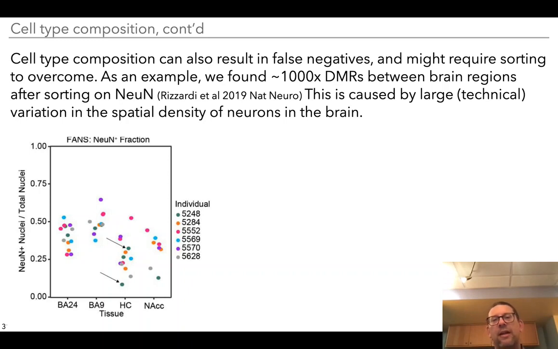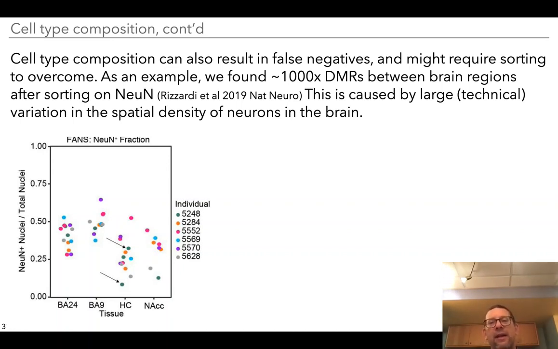Cell type composition can also result in false negatives. That's in some way intuitively obvious, but I was recently involved in a study that really drove this home. And I would say eliminating false negatives might actually require sorting to overcome. As an example, we studied methylation differences between brain regions.